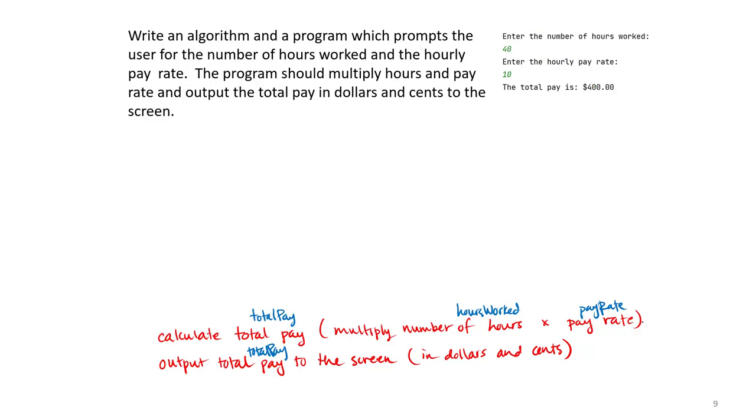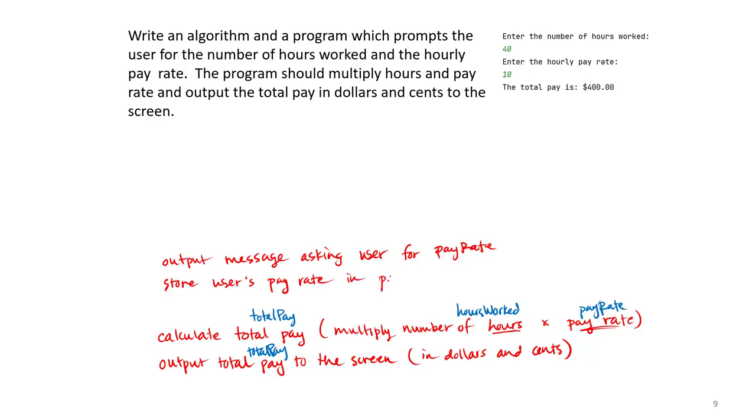Okay, well, that's giving us some more hint about what we need to do. In order to actually determine total pay, we need to find out what hours worked and pay rate are. So in order to do that, we need to ask the user to output a message asking our user for, in this case, let's say pay rate. And then we need to store the user's pay rate in the pay rate variable.